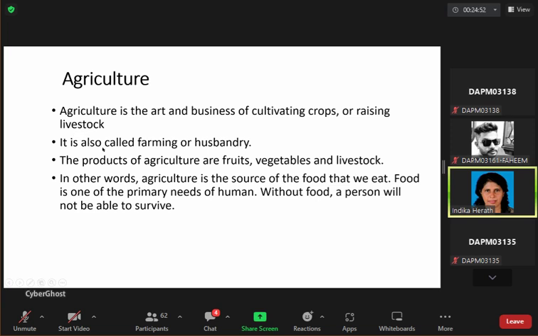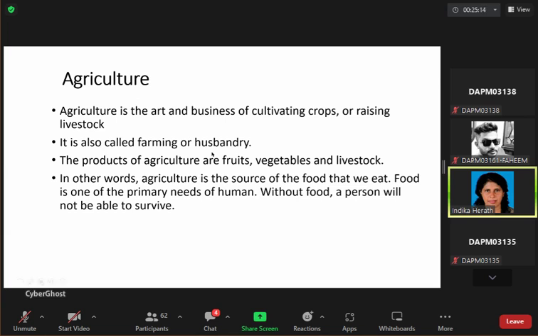I think you have a component on animal science, so you will learn more detail about the livestock aspect there in the course. For the time being, agriculture has two main parts: one is cultivating crops and the other is raising livestock.